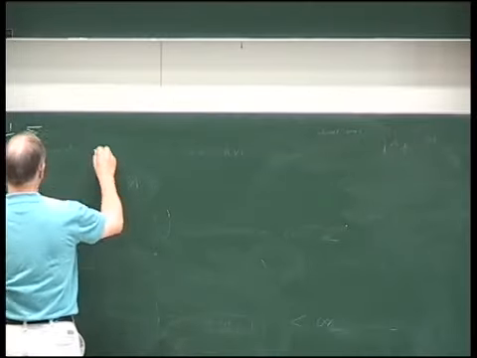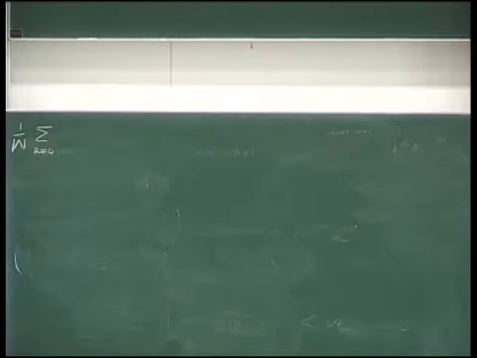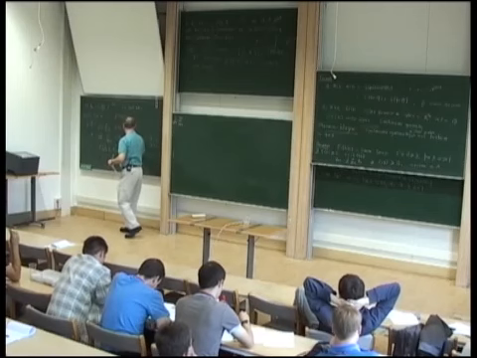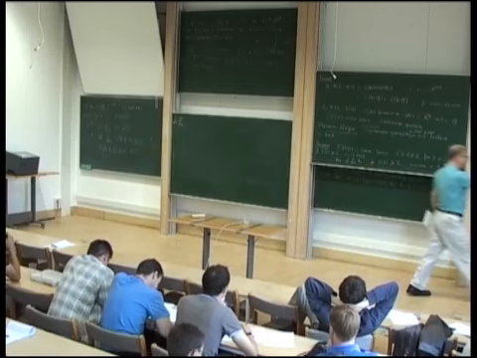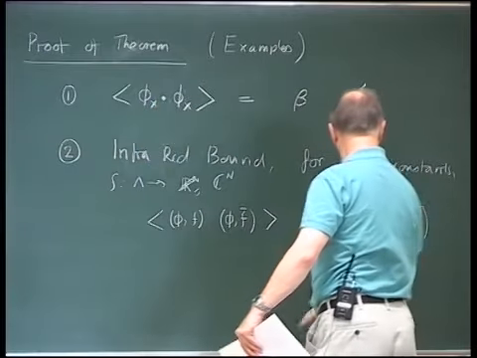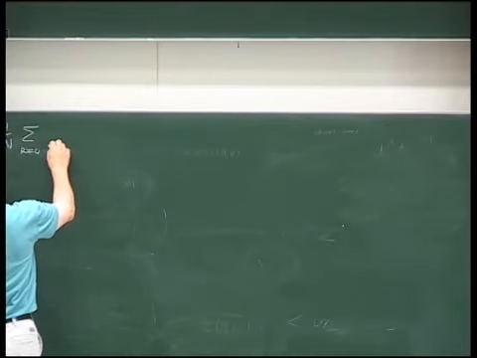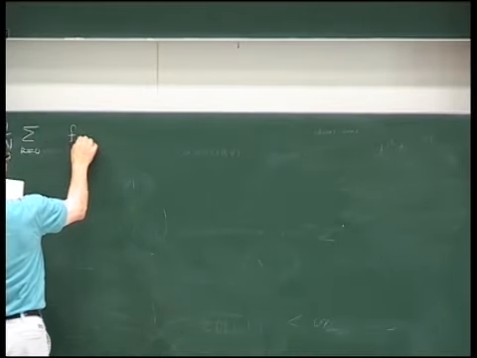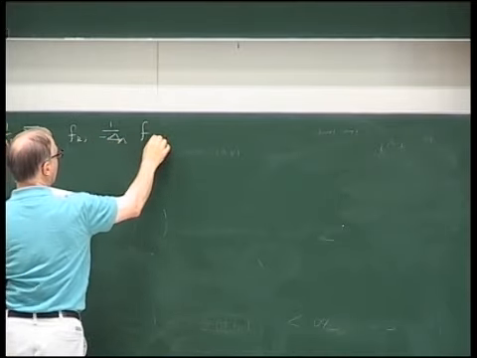And there is the expectation of phi with fk and phi with f bar k. And to that, I use this bound here. So I take f to be fk in this bound.